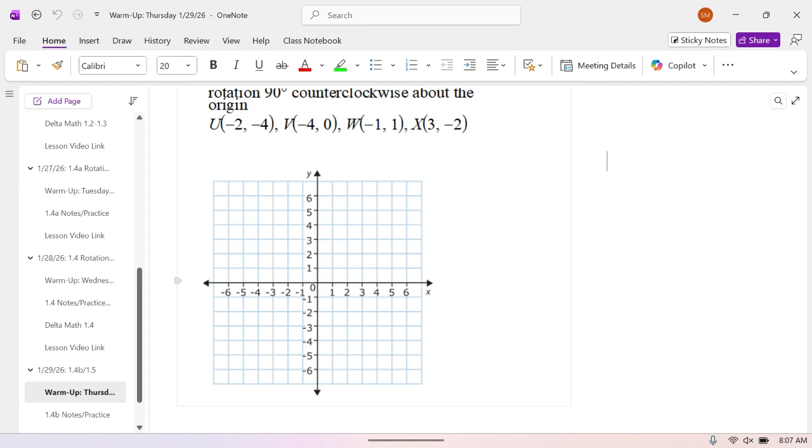So it's going to quadrant 1. So what's the signs look like? Positive, positive. So that means my new point is not 3, 2. 2, 3. So it's right here.